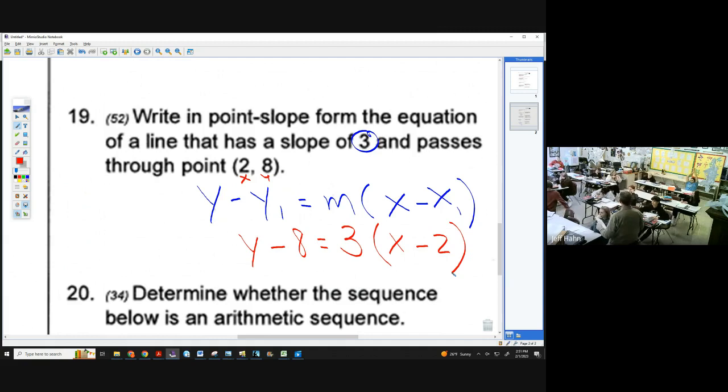It says write in point-slope form, the equation, no solving. It doesn't even say to graph it, which you probably could, but I won't. So you need this: slope for slope, y for y, x for x. By the way, don't put it in the first one, because that's not what they do. I don't know why, but it always goes in the second.